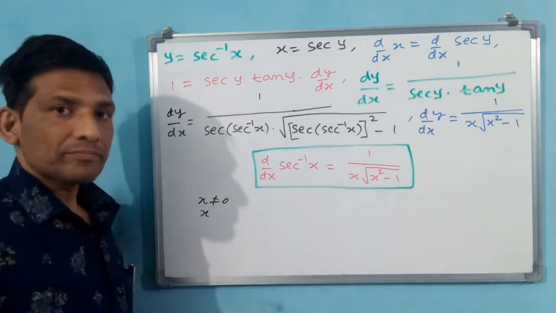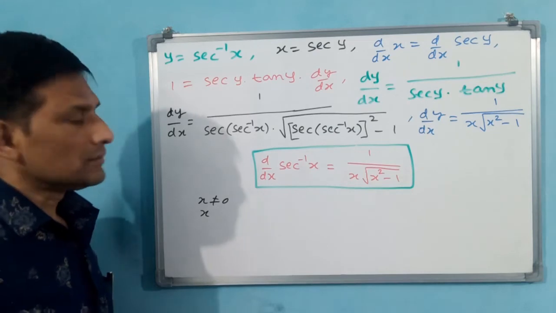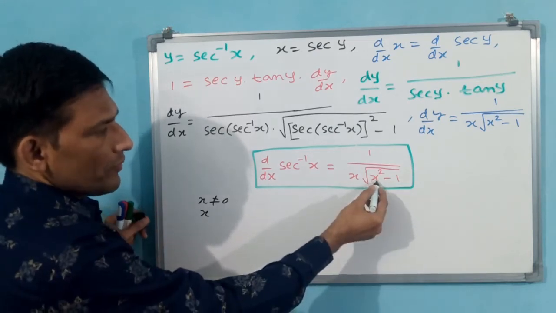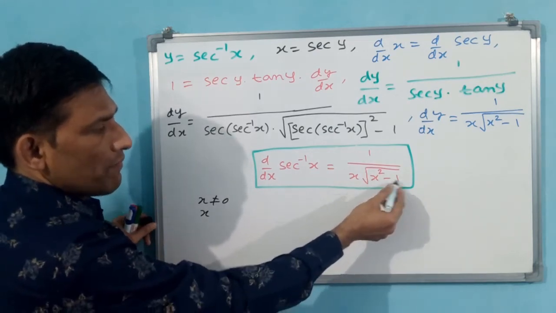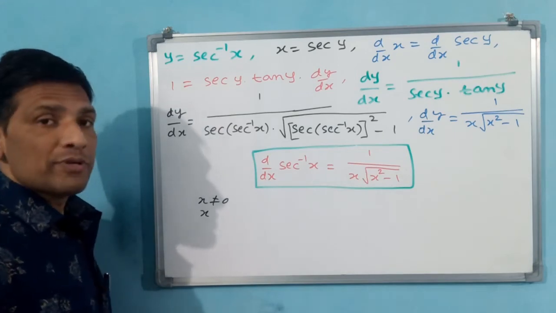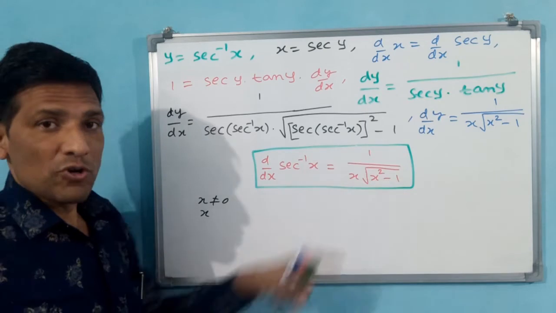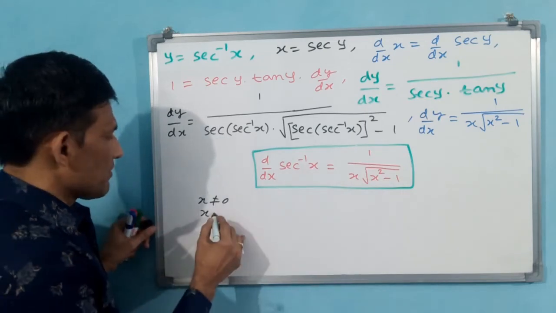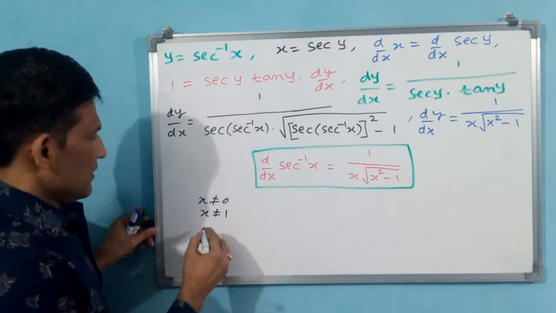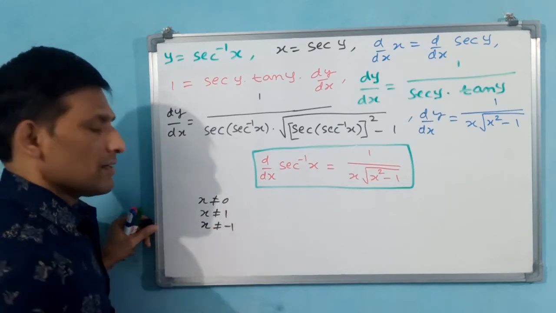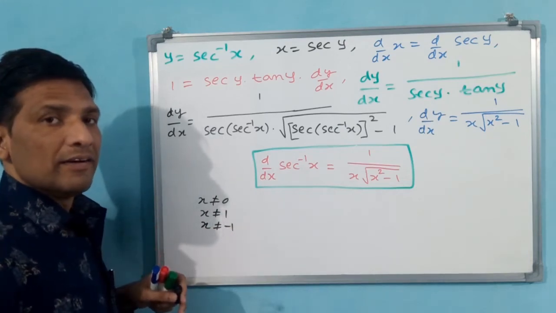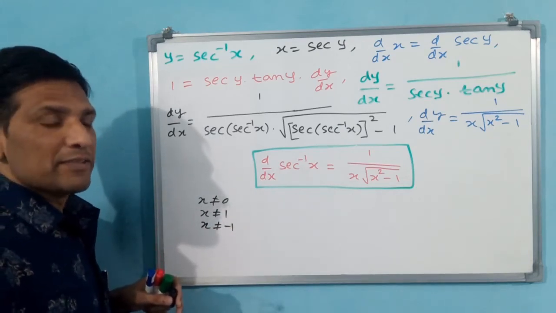This value, for not getting a negative root. When 1 comes, it is going to become 0, that is why x should not be 1. x should not be -1. Is it okay? Definitely okay.